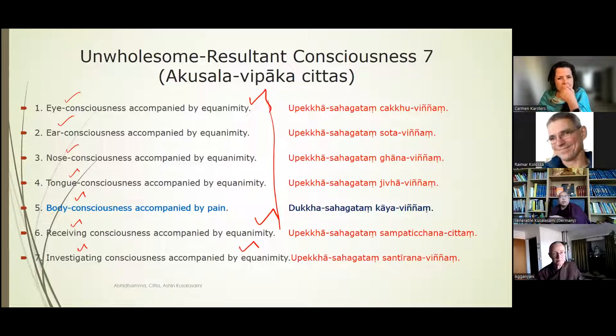You will understand more about these in chapter 4. Chapter 4 is more detailed about the consciousness and how these consciousnesses are working. In this chapter, my point is to familiarize you with all these 89 chittas.